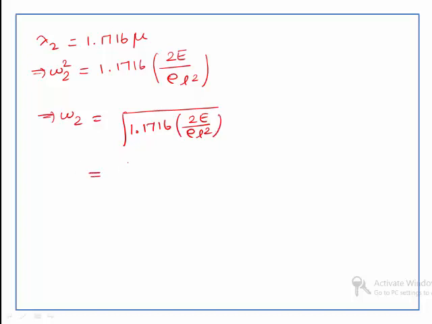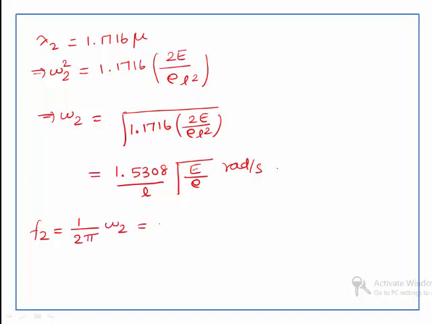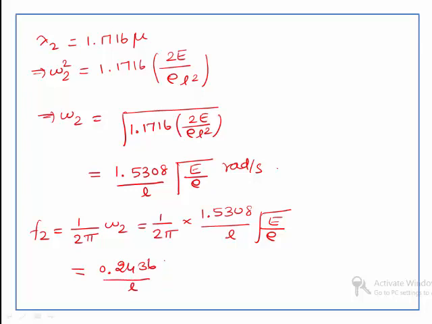So omega 2 value எப்படி கிடைக்கும் அப்படின்னா 1.5308 divided by L root of e by rho radian per second கிடைக்கும். So இதில் இருந்து second mode ஓட natural frequency f2 is equal to 1 by 2 pi omega 2. So 1 by 2 pi into 1.5308 divided by L root of e by rho. The result will be 0.2436 divided by L root of e by rho.